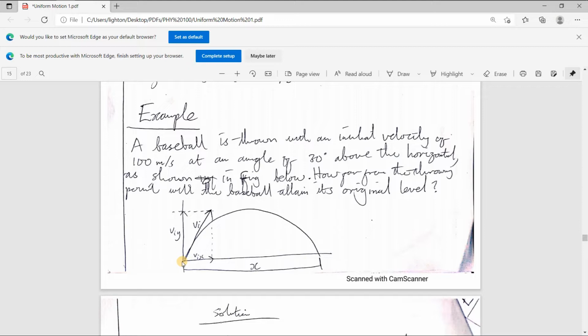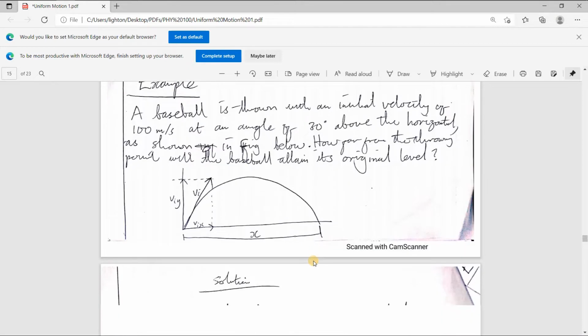It will be thrown from this point, go along that parabola, until it drops to the same original level. So that's what we want.